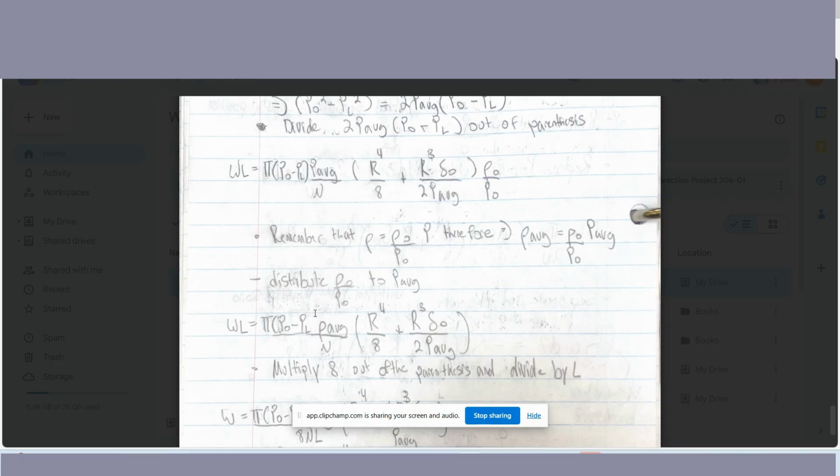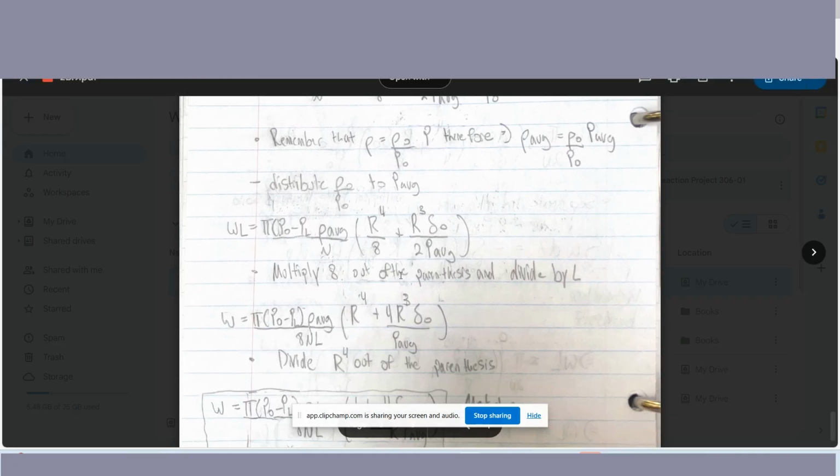There's supposed to be parentheses here. So you combine this here and this here. So that's where that is coming from. These terms combined equals rho average. So that's why this is eliminated and this is replaced with rho average.